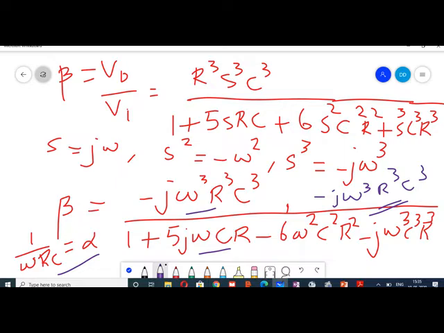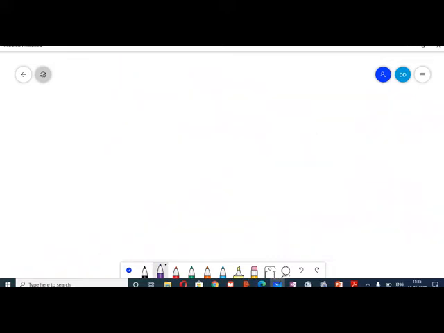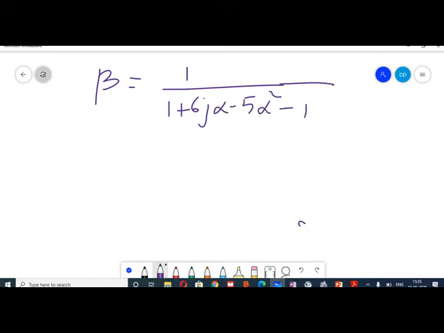So we get beta equal to 1 over 1 plus 6j alpha minus 5 alpha square minus j alpha cube.